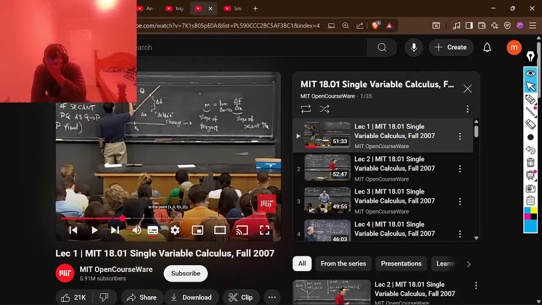Linear regression or least squares. That's the topic at hand.